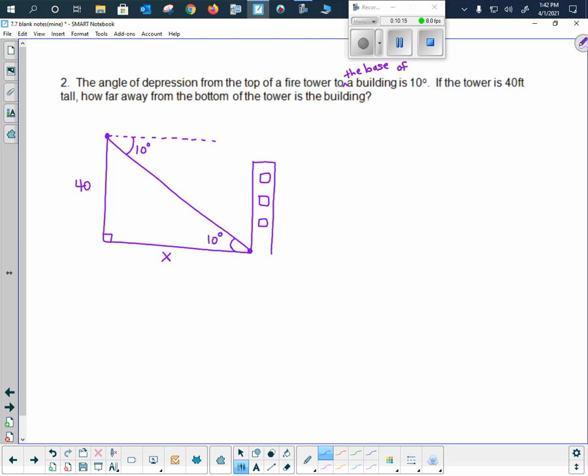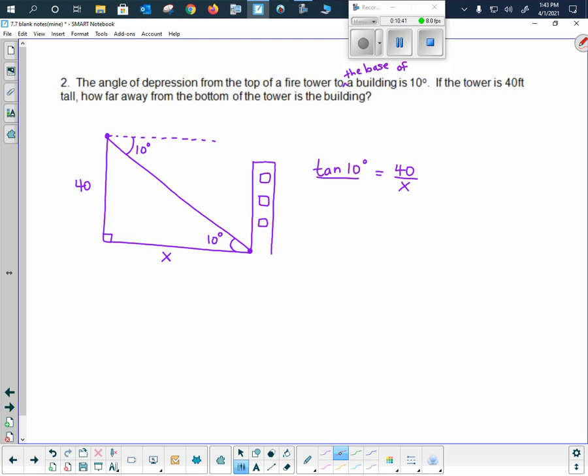And so the 10 degrees moves there. Now you've got one angle and two sides in that triangle, and you are ready to write your relationship. From the angle's perspective, you have opposite and adjacent. So you should be telling me tangent of 10 degrees equals opposite side over adjacent side.